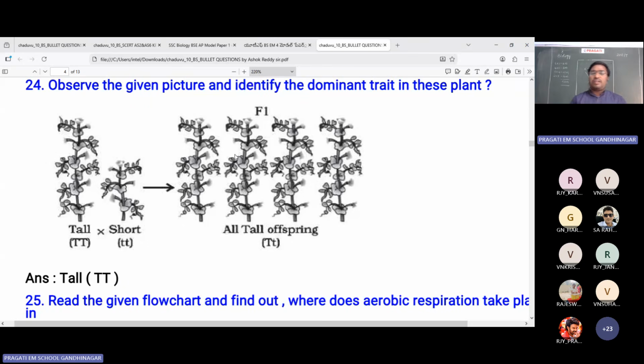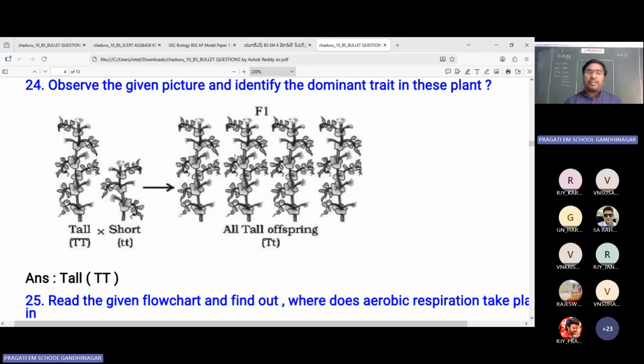So basing on that, in the F1 generation, all plants are tall. Identify the dominant trait in this plant, children.